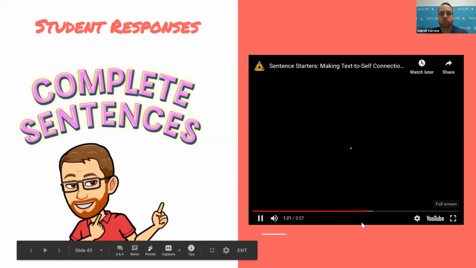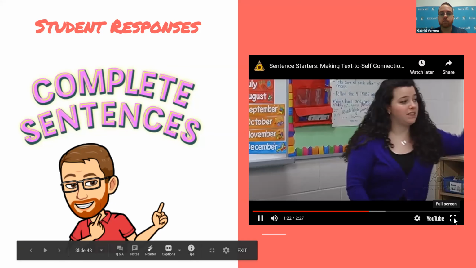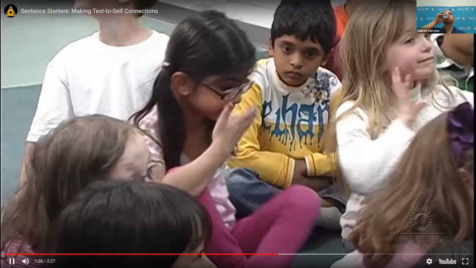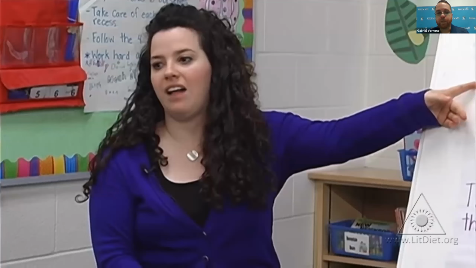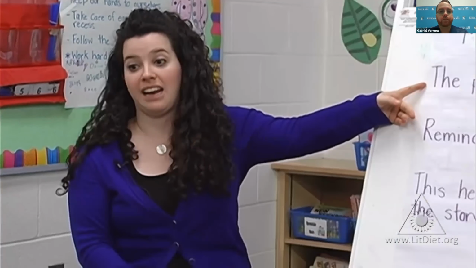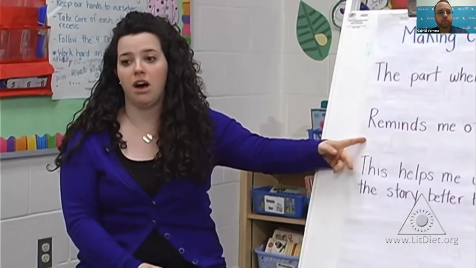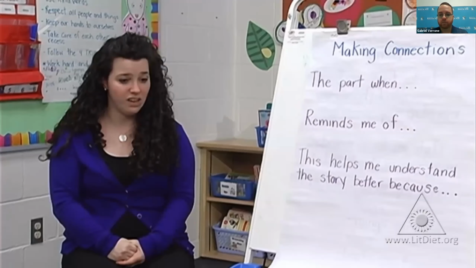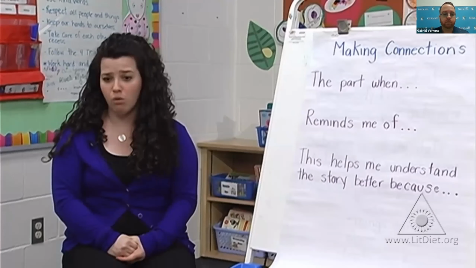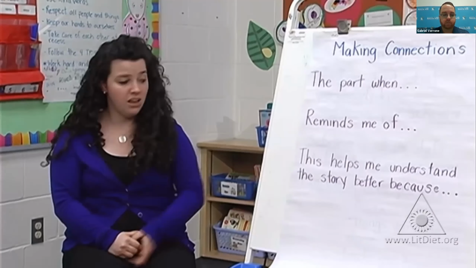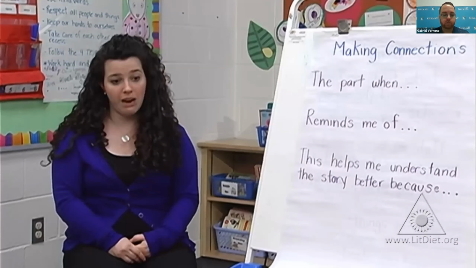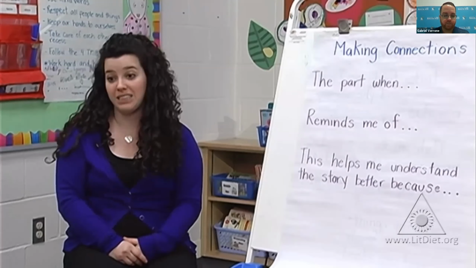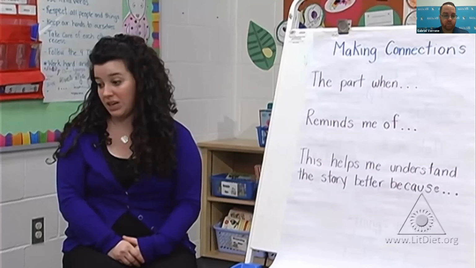This book, I use these sentence starters to help me think of a connection in my mind. The part when Alexander goes to the dentist and has a cavity reminds me of the time when I went to the dentist and I had a cavity. I felt so worried and scared. This helps me understand the story better because now I know that Alexander must be just as worried and scared as I was.